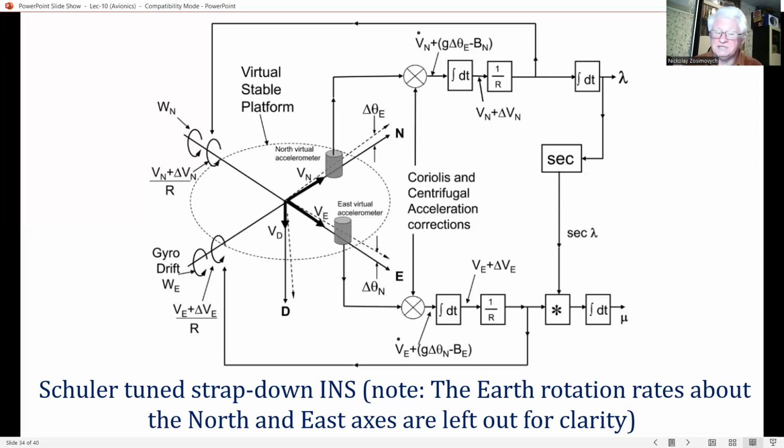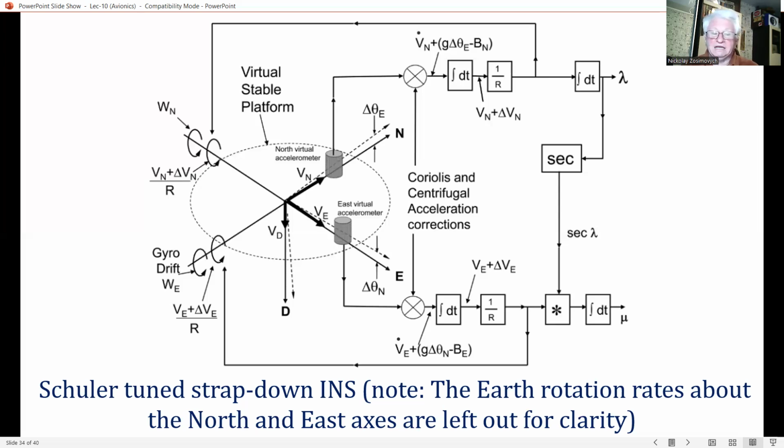The figure on this slide is a block diagram of a Schuler-tuned strap-down INS system. The virtual accelerometer outputs are derived from the body-mounted accelerometer outputs by the axis transformation processes explained in our last lecture. Their outputs are the same as the real accelerometers would have when mounted on a real stable platform.